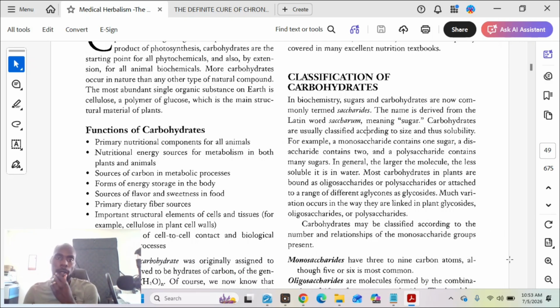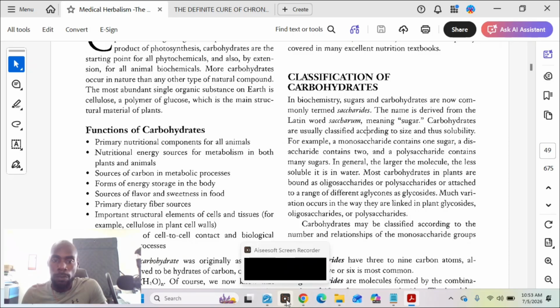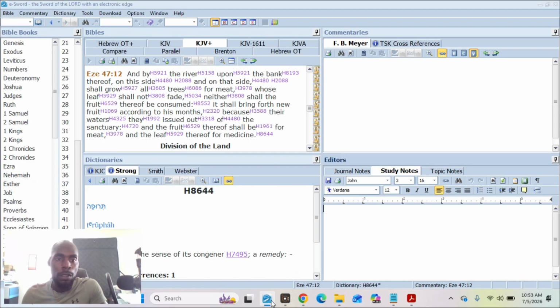Oh, and I like to mention this also before we move forward. We're going to go into scripture real quick. We're in the book of Ezekiel, chapter 47 and verse 12.